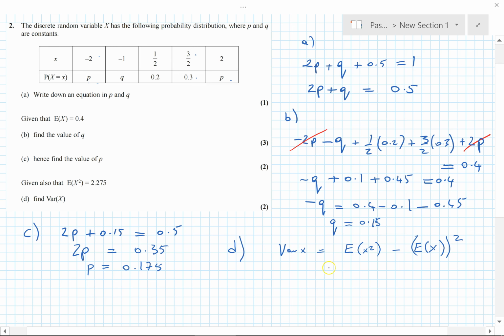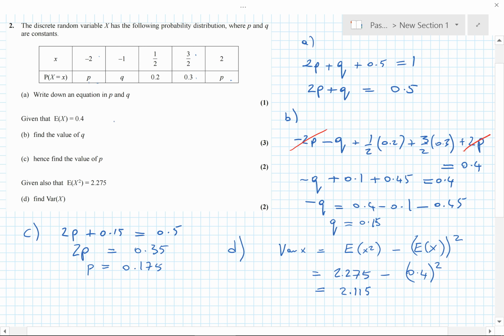Now we've already got E(X), and we're given E(X squared) in the question, just to test whether we can use a formula without giving us quite a lot of information. So that's 2.275, and we already know 0.4, so 0.4 squared. And that gives us 2.115.